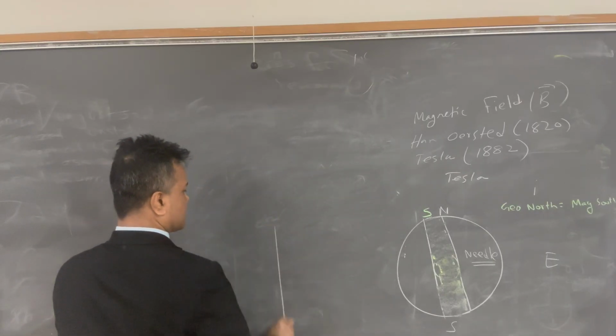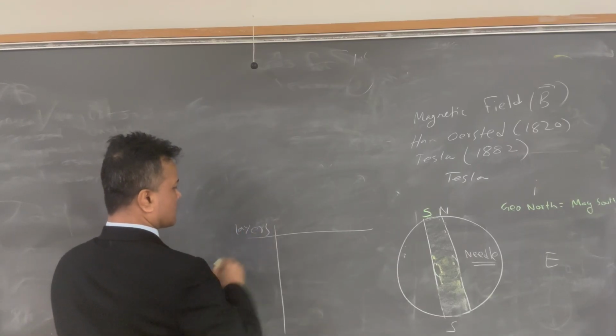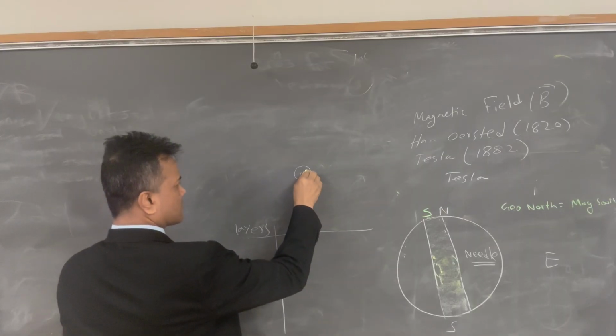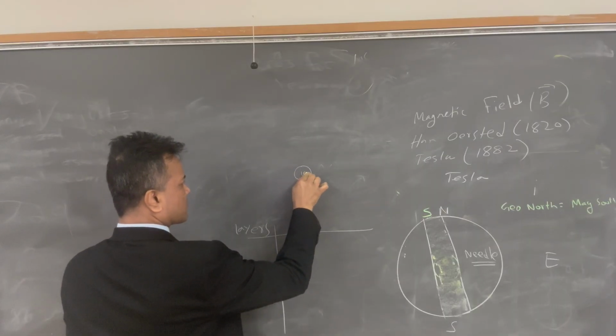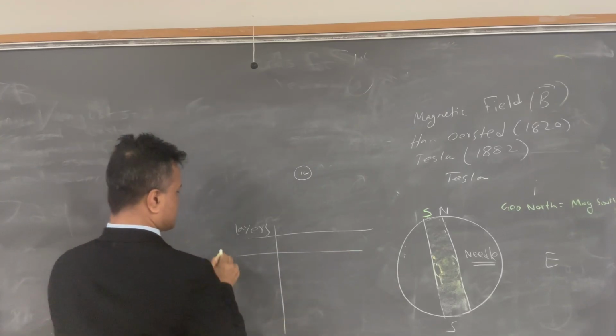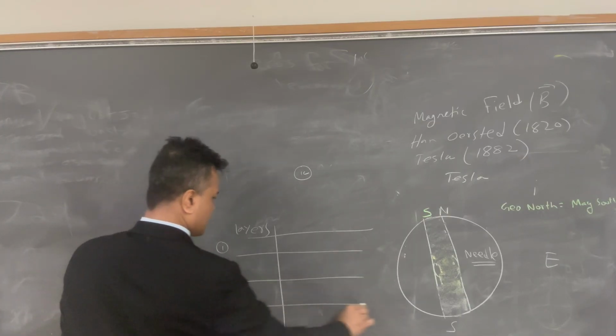What about it? Earth has layers. You have the inner core. Okay, so I'm going to write this is 1, this is 2, this is 3, this is 4.